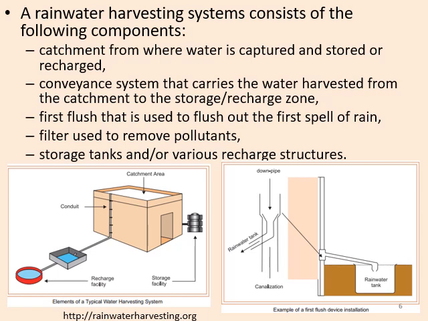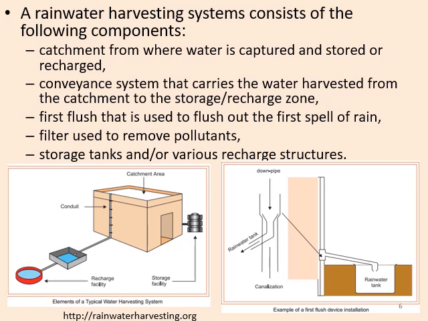So with the rainwater droplets, that particulate matter will fall down to our catchment area or to our exposed surface. So first some quantity of the rainwater we have to flush away before collecting. So it is known as first flush, that is used to flush out the first spell of rain.